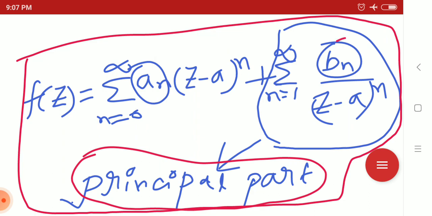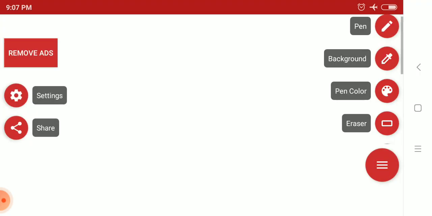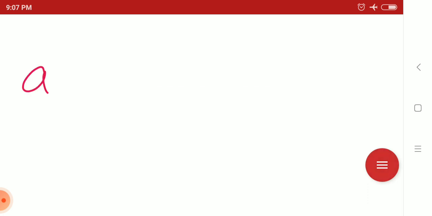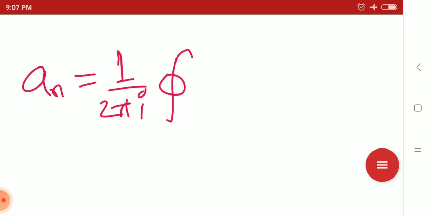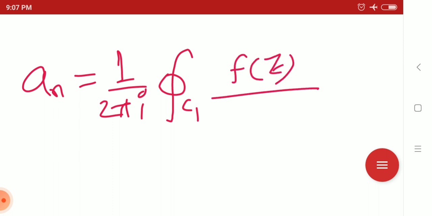Now what are this a_n and b_n? The expression of a_n will be 1 by 2 pi i, integration over the closed contour C1, f(z) by (z minus a) to the power n plus 1 dz.